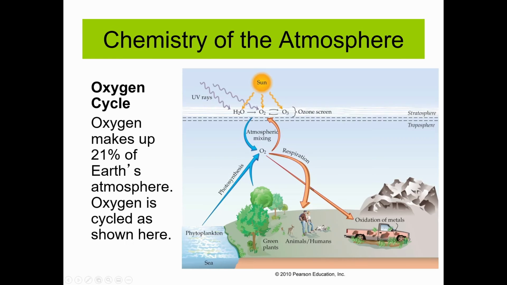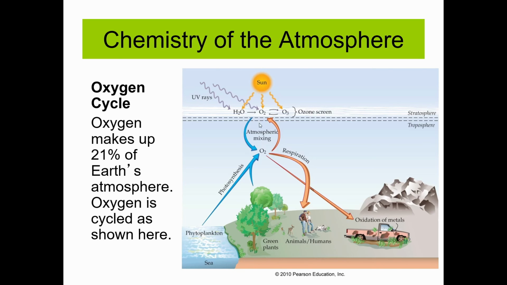The other major contributor to the composition of the atmosphere is oxygen. Oxygen makes up roughly 21% of the Earth's atmosphere and has its own cycle shown here. In the troposphere, oxygen is converted back and forth from carbon dioxide through the processes of respiration and photosynthesis.